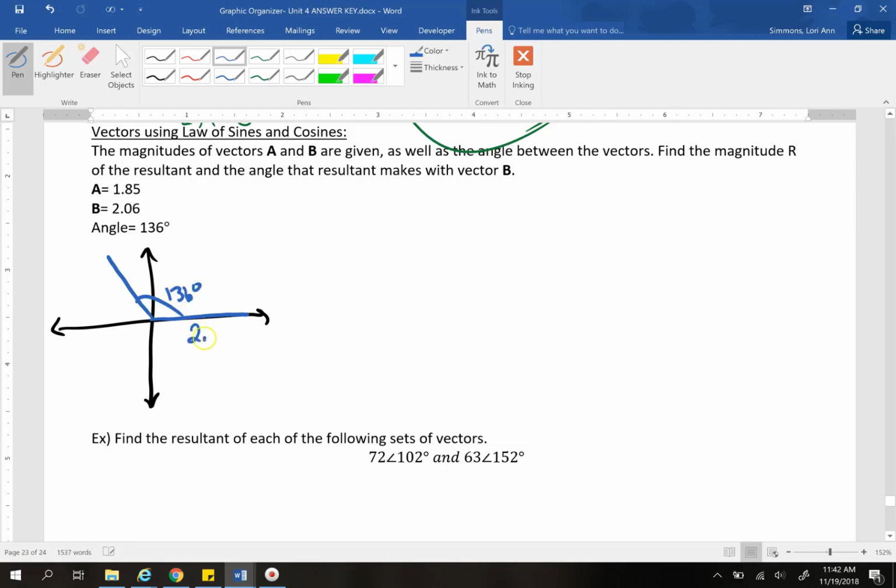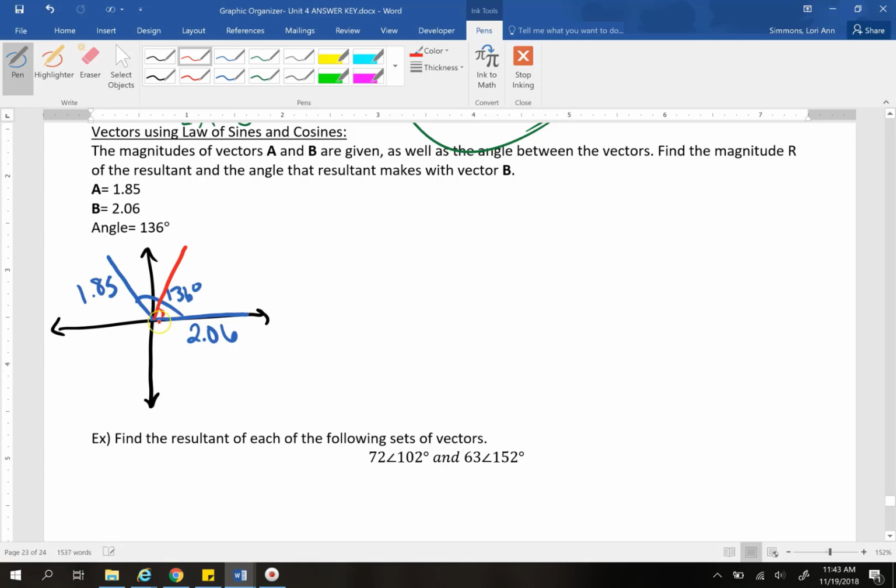I'm going to call this vector B, vector A. Now our magnitude is going to be somewhere in between these 2 vectors. So we want to find that length, and then we want to find the angle that makes with vector B. So we want to find this angle.